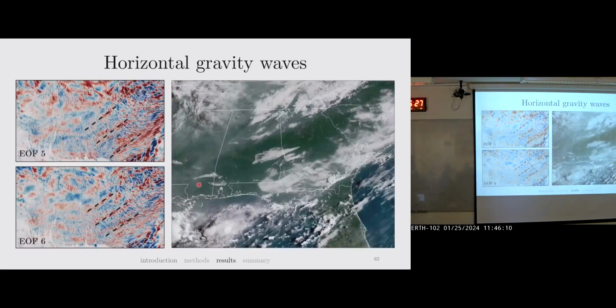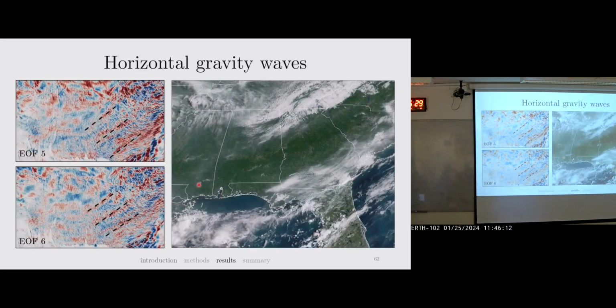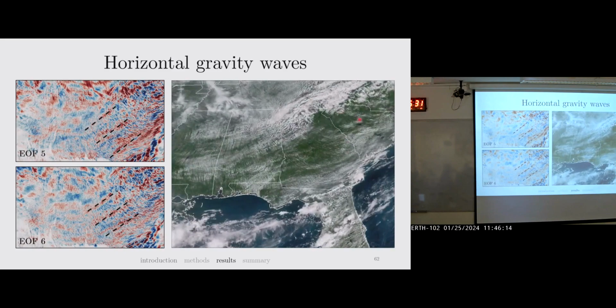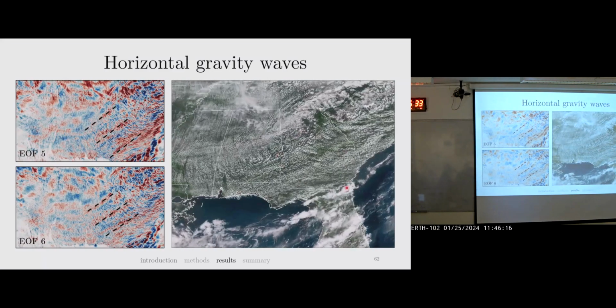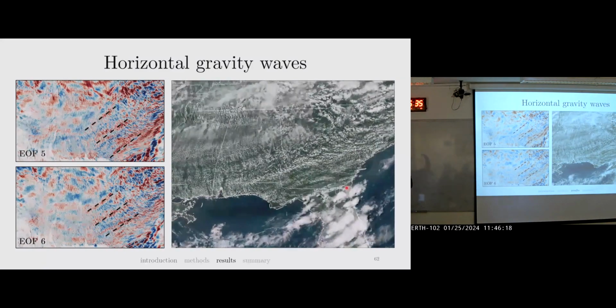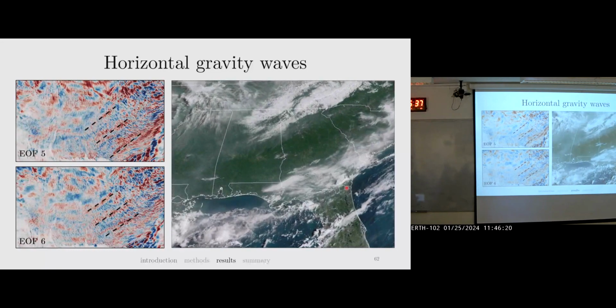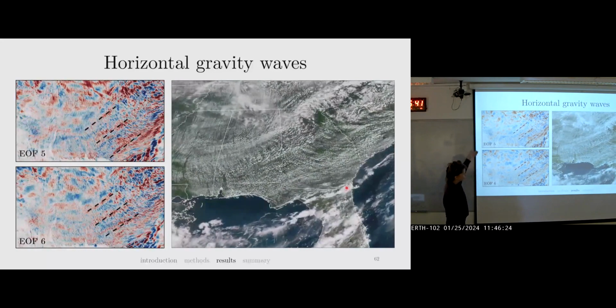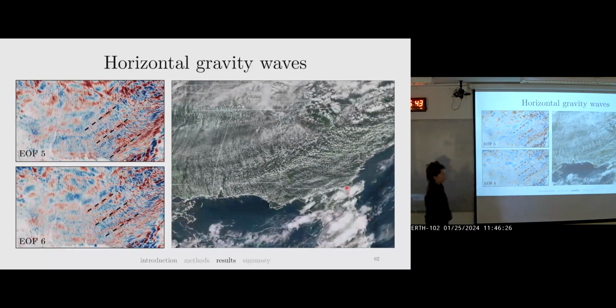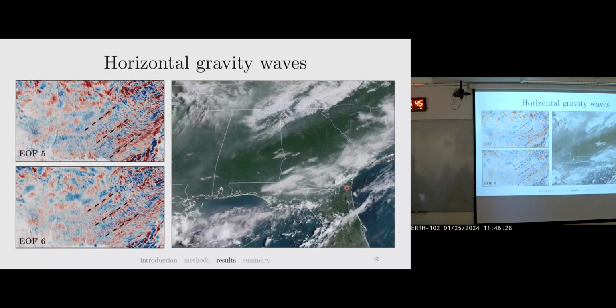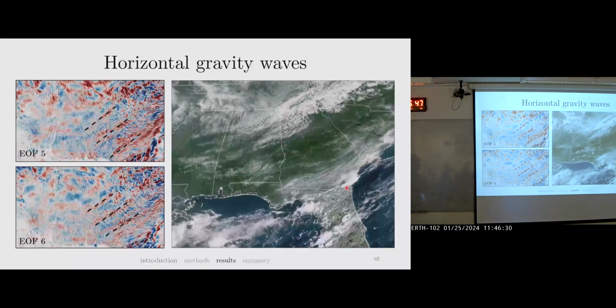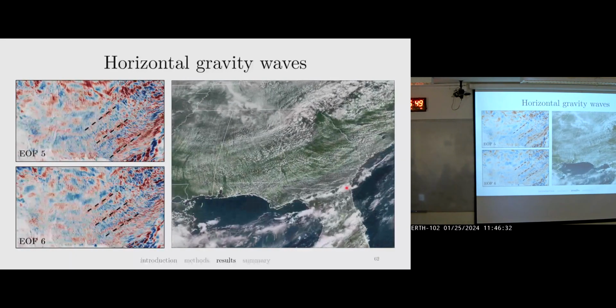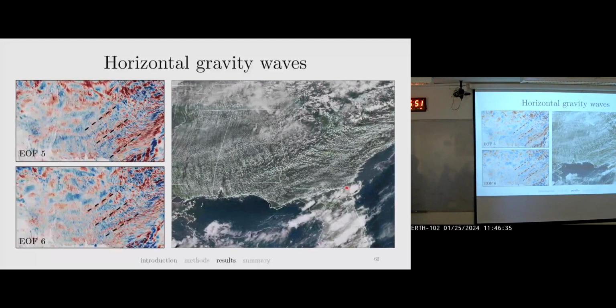In fact, if I show you real quickly the movie from before, and please focus in this area in the afternoon, you might see these gravity waves passing on top of the cloud fields. I have marked the corresponding EOF structures of this mode with this dashed line so you can see their presence. It's very delicate. It's okay if you don't see it, but it's there.